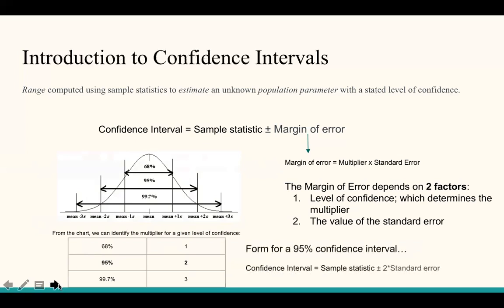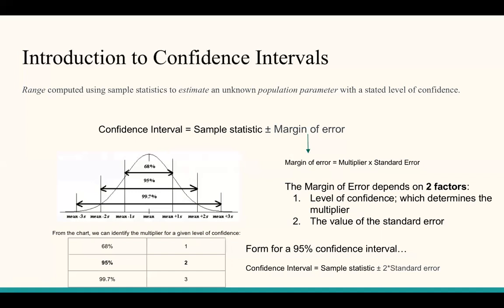So 95% confidence intervals are probably the most common levels of confidence that you're going to be seeing in this course. So the formula for a 95% confidence interval would be your sample statistic plus or minus 2 times your standard error. So I just want to make it clear that when I say plus or minus, you're going to be doing 2 separate calculations.